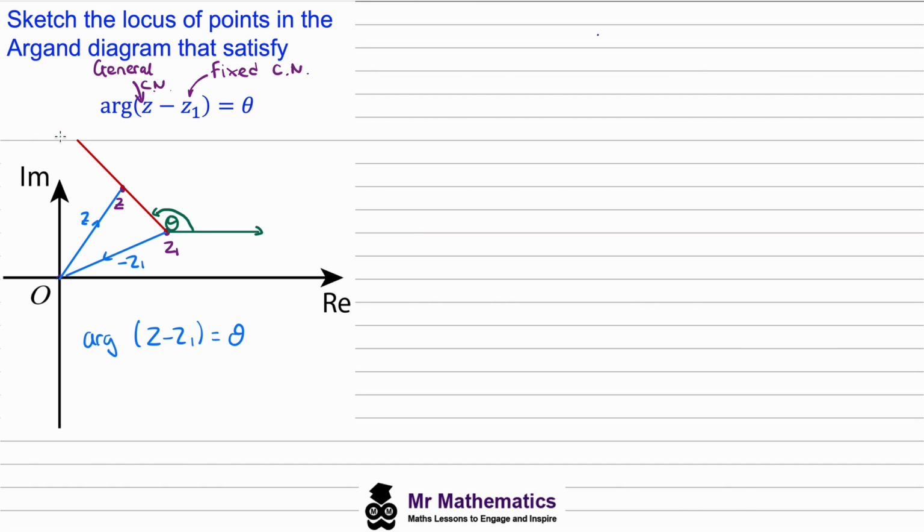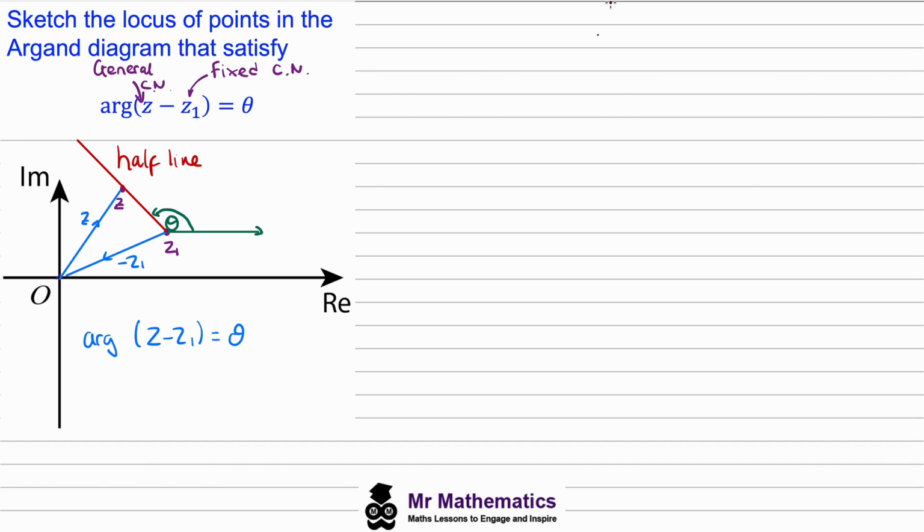So we call this locus, this red line, a half line, because it doesn't go on forever in both directions. It cannot go beyond this point, because if it did, the argument would be different. And actually, it cannot be equal to this point either, because if it was, then the angle would be equal to 0.